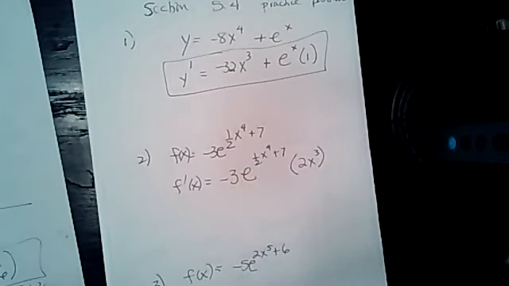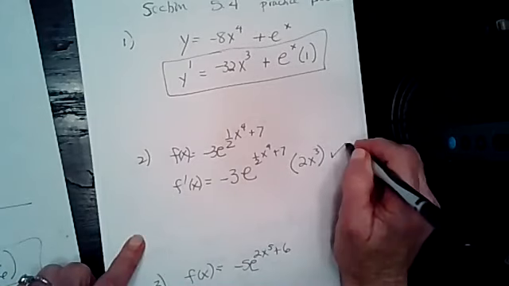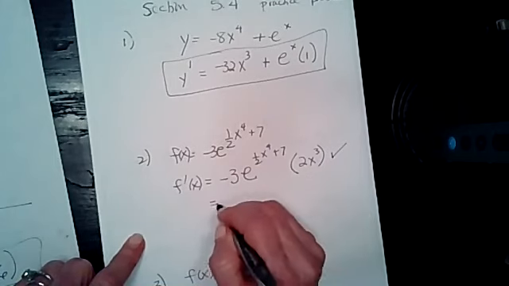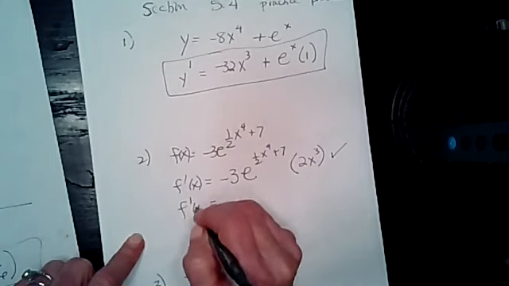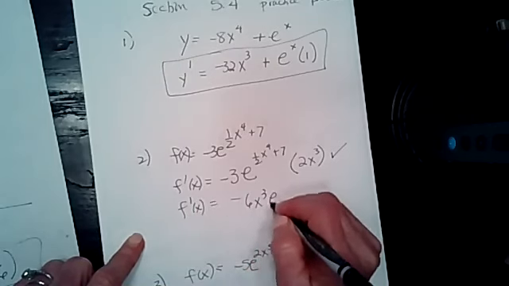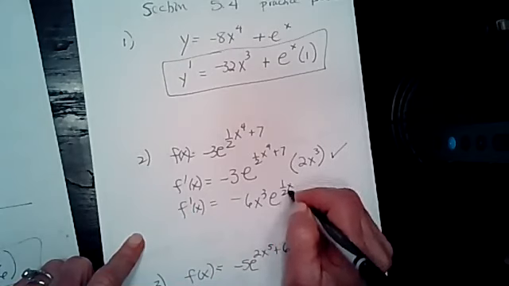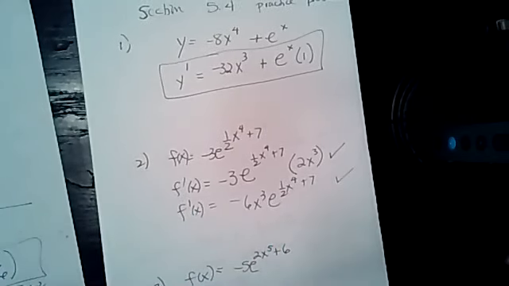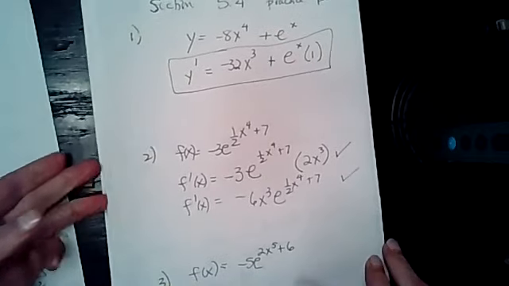Make sure you put it in parentheses. And you can leave it like that on Hawks. You could also multiply and call it negative 6x cubed e to the 1/2 x to the 4th plus 7, but you don't have to. Either one is fine.